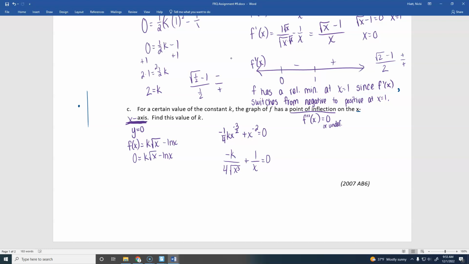I could move this stuff over to the other side, which would give me 1 over x squared equals negative k over 4 square root of x to the third. Cross multiply: negative k x squared equals 4 square root of x to the third. It should be a positive k right there.